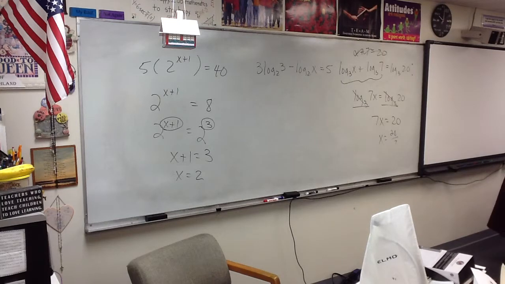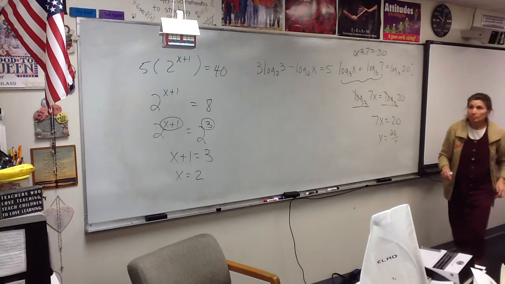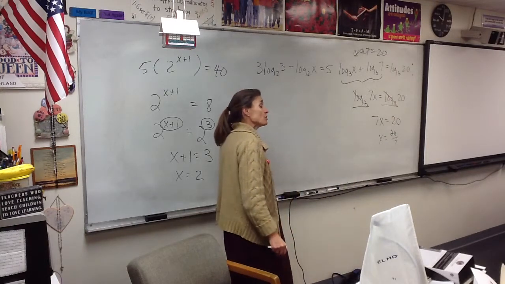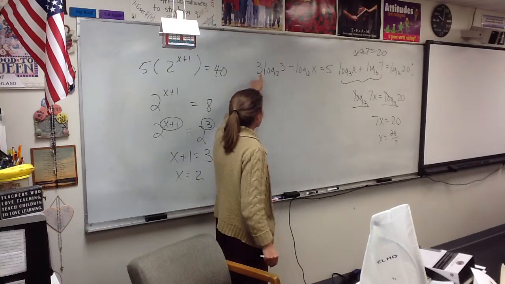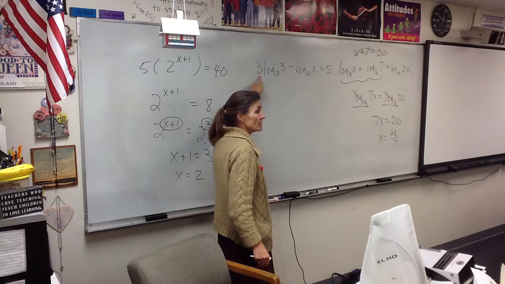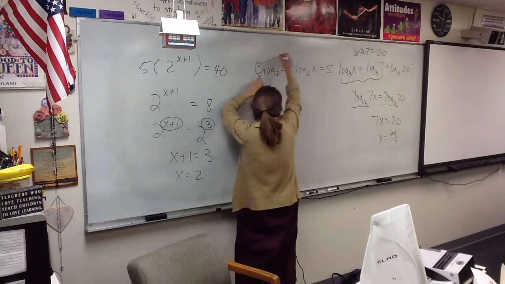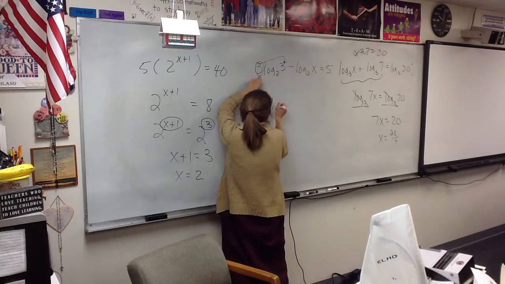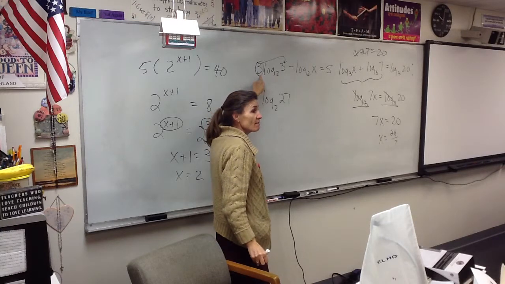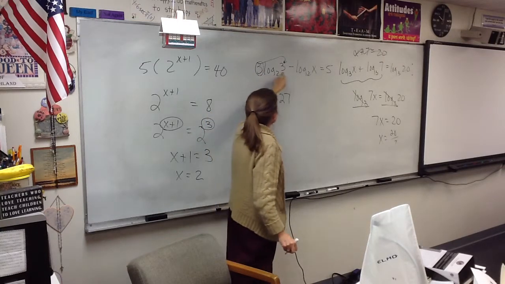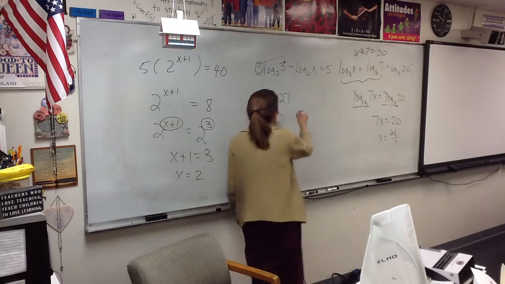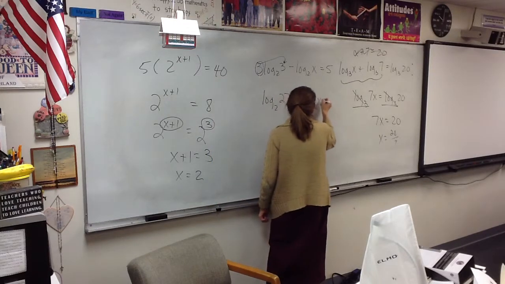What's your thought on this one? Very good, Jabron. Jabron says, I got to deal with this first. Always got to deal with it. So that becomes an exponent, so this becomes the log base 2 of 27. How'd I get 27? 3 cubed, minus the log base 2 of x equals 5.